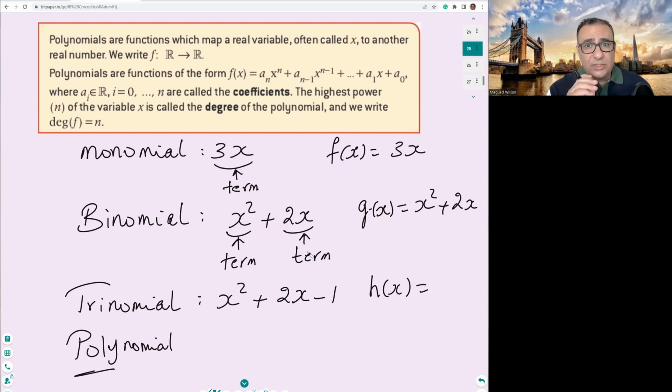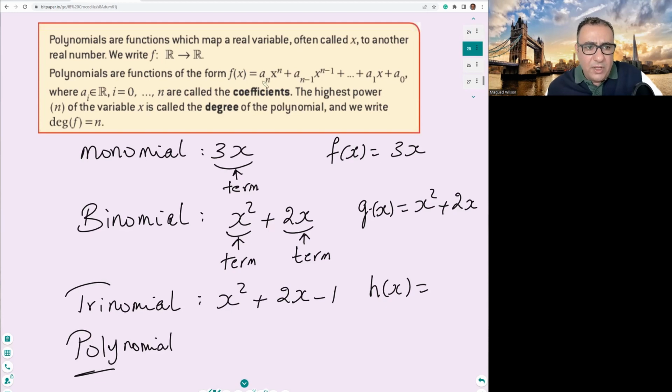Now, the second condition of a polynomial function. Here I talk about only one variable, which is x, which is what we are going to deal with in all the program up to high level, no problem. It's only a single variable. Now, the second condition for an expression to be a polynomial is that the exponents, or the powers of x, have to be non-negative integers.